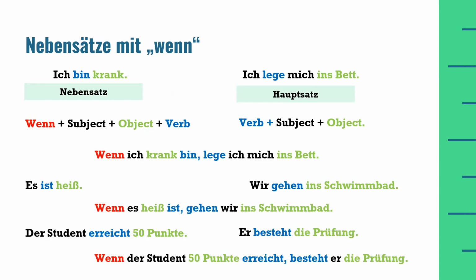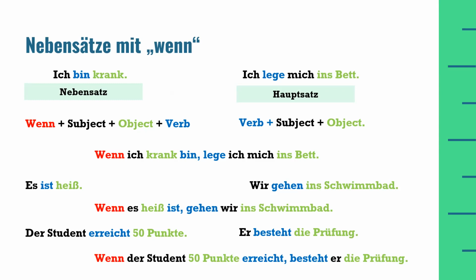So we have started it with wenn, then comes subject, der Student. 50 Punkte is the additional information here in this sentence. Erreichen is a German verb which means to achieve, and for der Student, erreichen becomes erreicht. Then we put a comma and give a space, and we start the Hauptsatz.